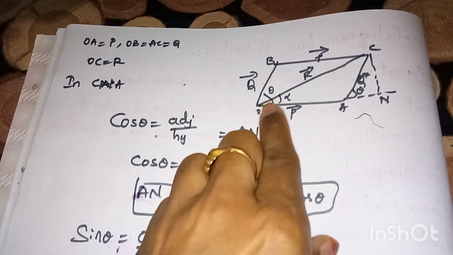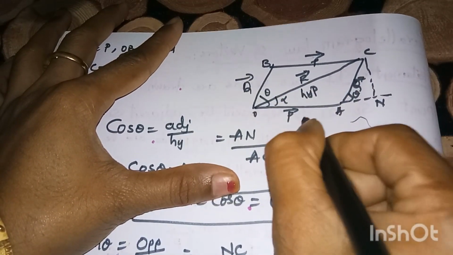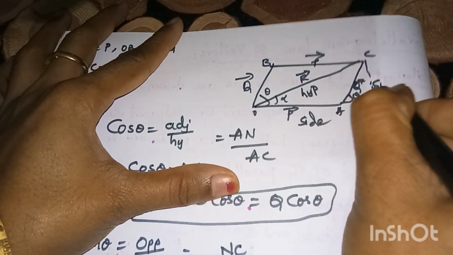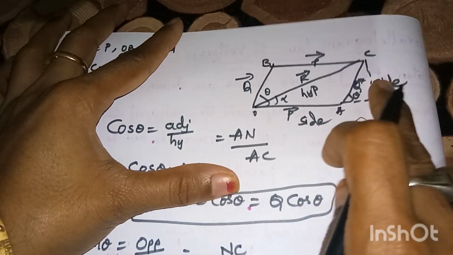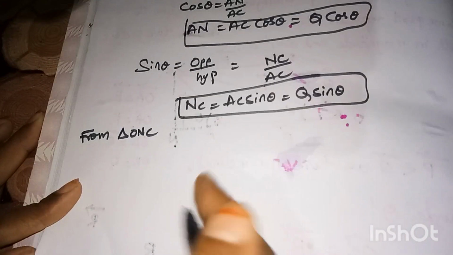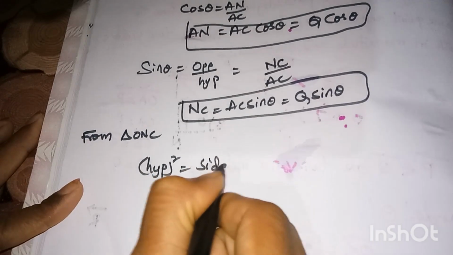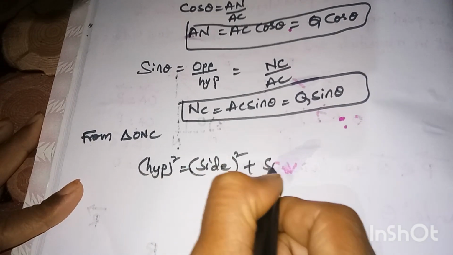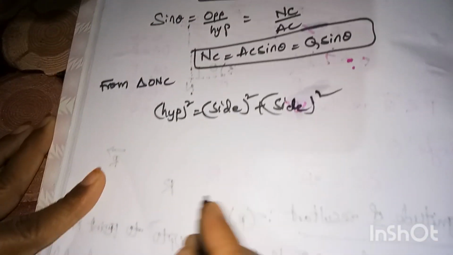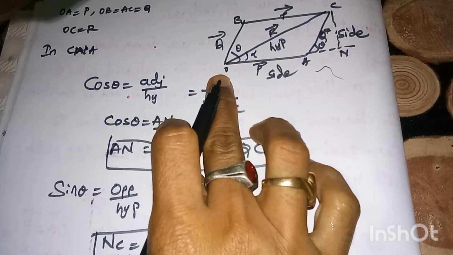In ONC, this will become the hypotenuse, and these will become the sides. From triangle ONC, hypotenuse square equals side square plus side square. What is the hypotenuse here? OC. OC square is equal to, what are the sides here?